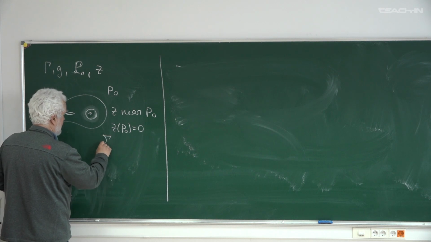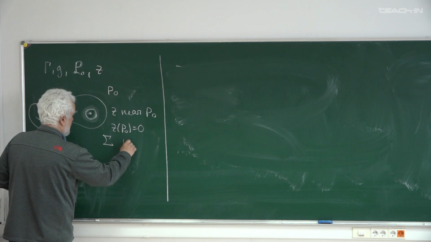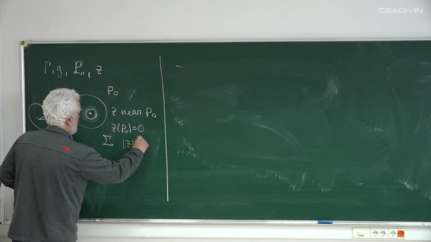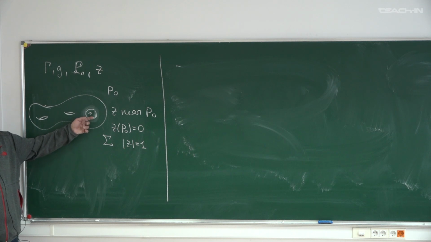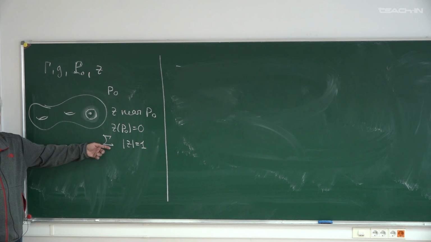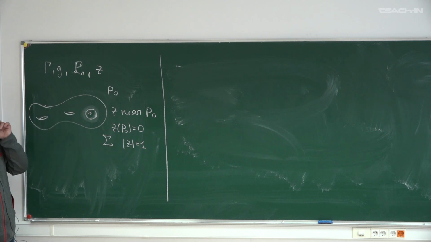Without loss of generality, you can assume that this circle is defined by the condition absolute value of z equals 1.